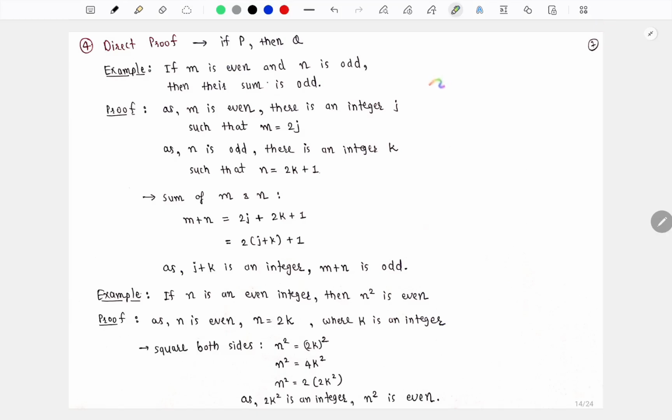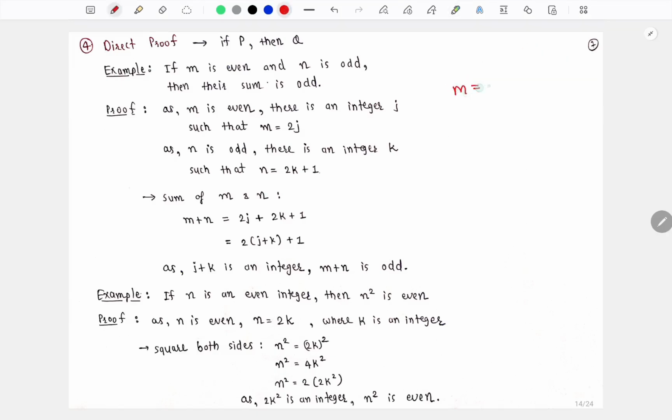As we previously discussed, if any number is even, we can write it as a multiple of 2. So here M is even, so we can write M is equal to 2k or 2j or 2a, whatever we like. If N is odd, we can write 2k plus 1 or 2a plus 1 or 2j plus 1.